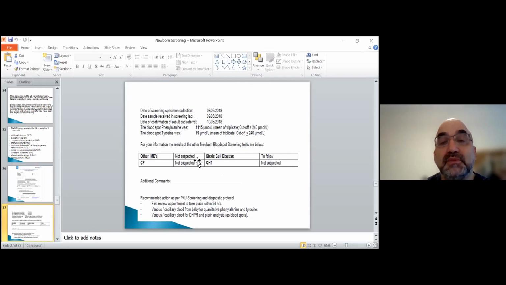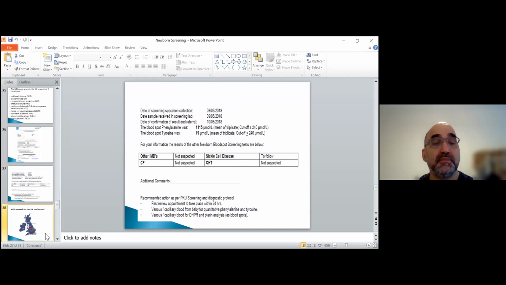We also give the date the specimen was taken and received in the lab. This information gets recorded in the patient and the hospital information system.